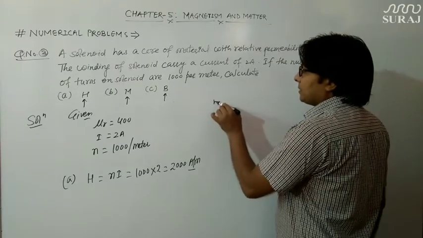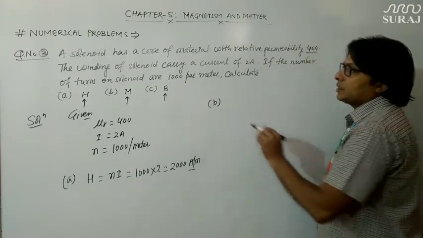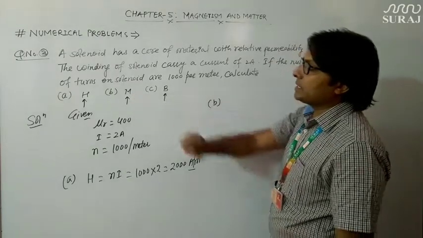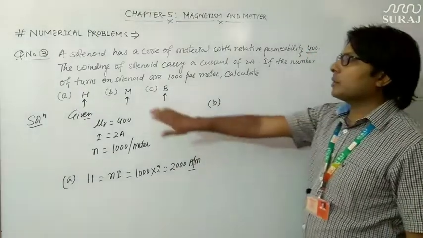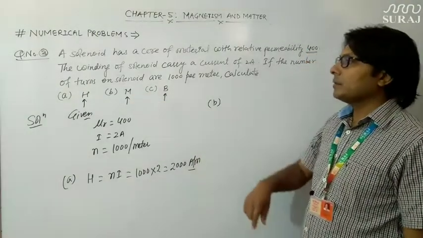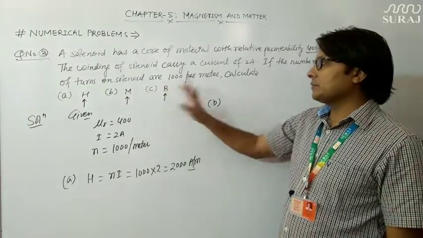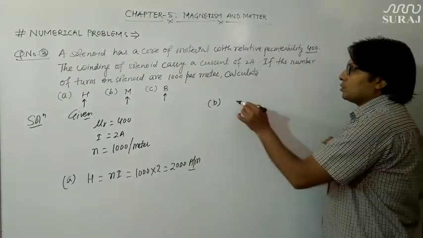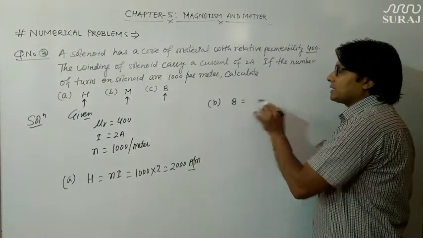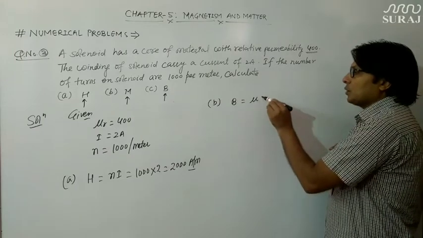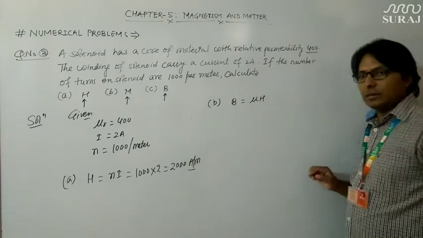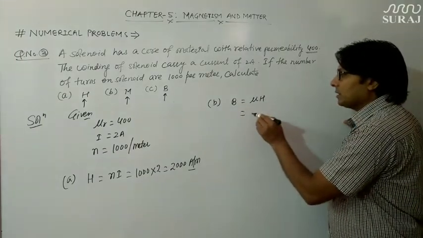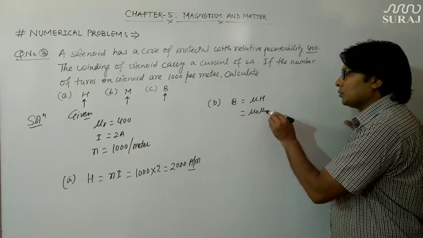Second, we have been asked for the magnetization or intensity of magnetization, but before calculating it, first we will calculate B using this formula. Magnetic field density B is equal to mu H, and mu can be written as mu 0 into mu r.